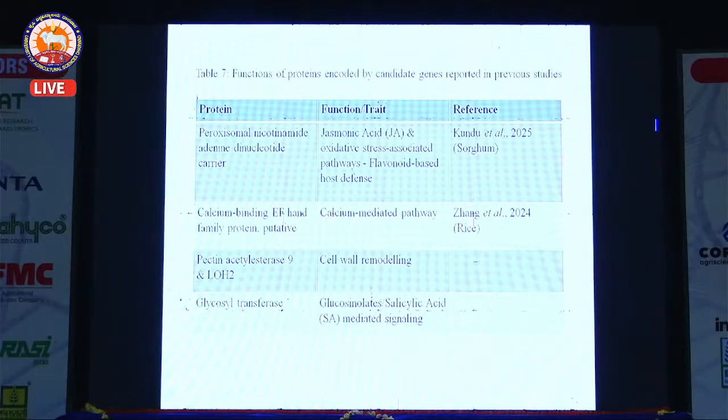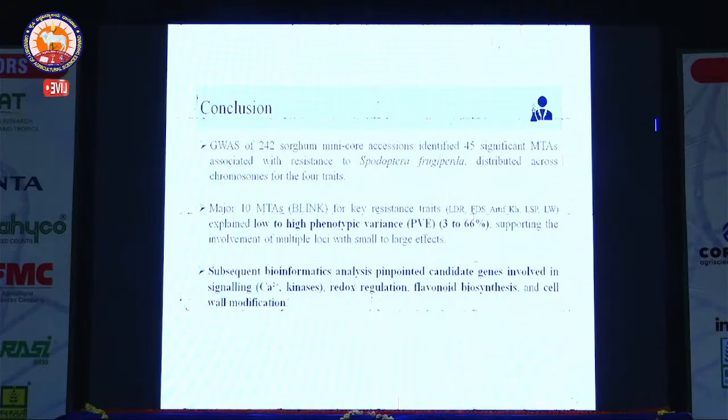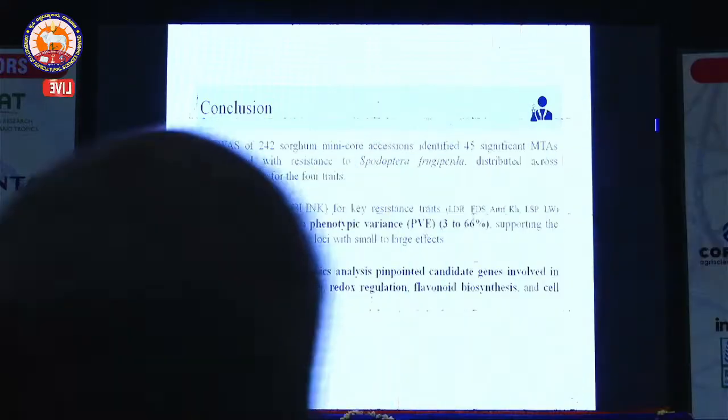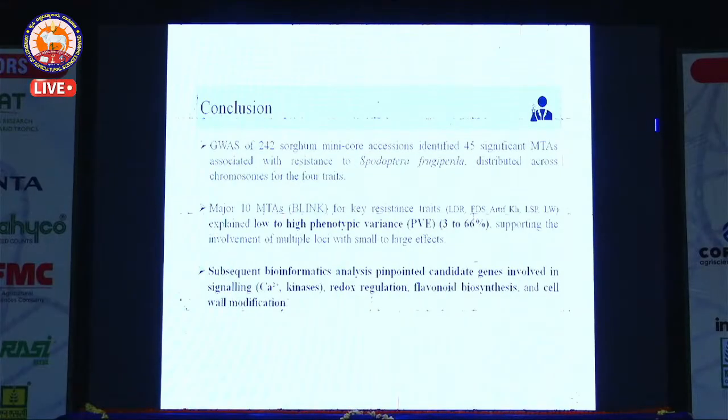So in conclusion, in our GWAS study on the 242 sorghum mini-core collection, we have identified 45 significant marker trait associations for fall armyworm resistance, and through Blink, 10 MTAs for the 4 traits, explaining 3 to 66% of the phenotypic variance, supporting the involvement of multiple loci with small to large effects.